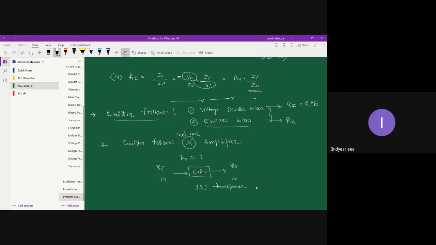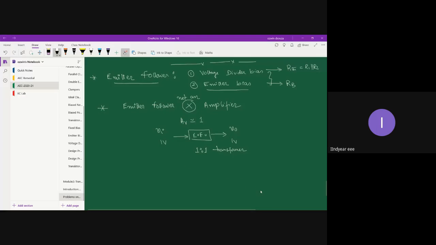Okay, in a transformer, you had seen that the moment you keep the ratio N2 equal to N1 equal to N, your transformation ratio K becomes 1. So when transformation ratio K becomes 1, V2 is basically K times V1, so V2 becomes V1. So it is kind of similar.